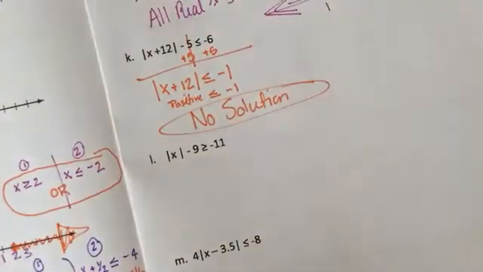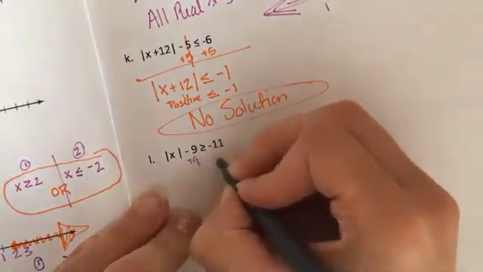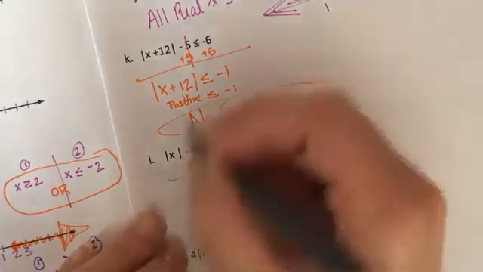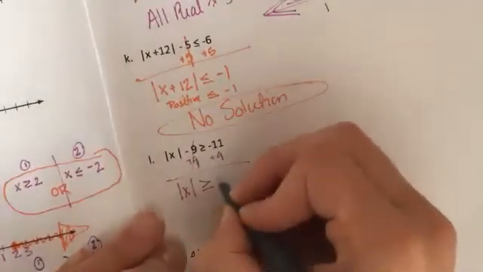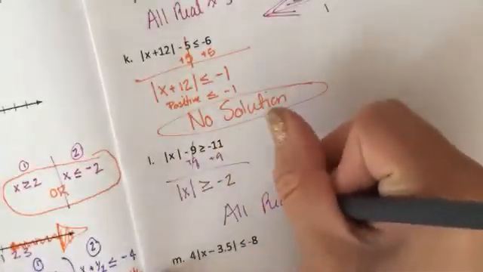So anytime you have a negative, so I add 9 to both sides, absolute value is greater than or equal to -2. Can the absolute value be greater than a -2? Yes, this is all real numbers.